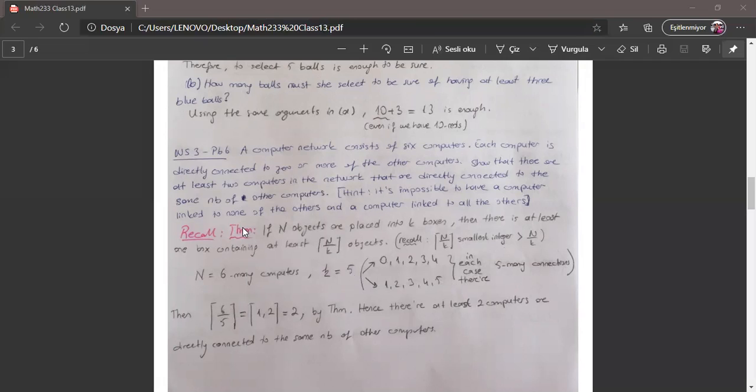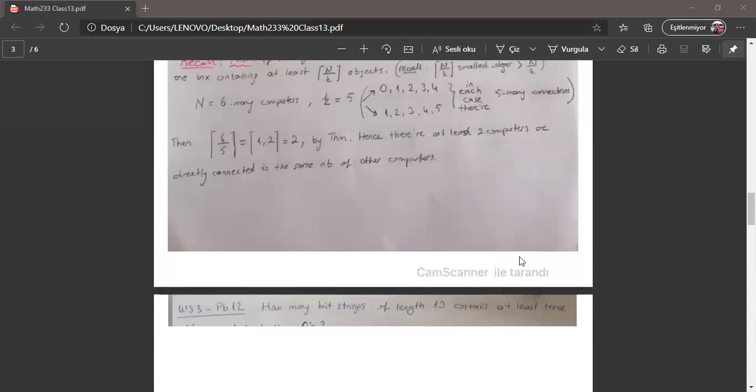Now we apply the theorem. We compute this: 6 over 5 is this. So what's the smallest integer greater than 1.2? It's 2. So it means there are at least 2 computers that are directly connected to the same number of other computers.